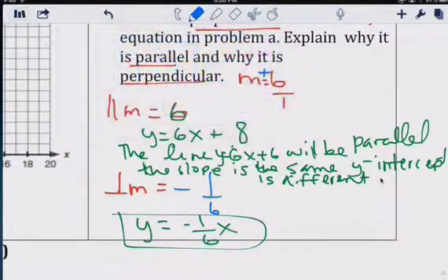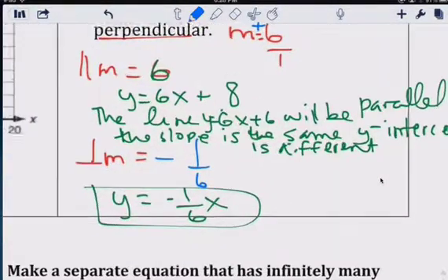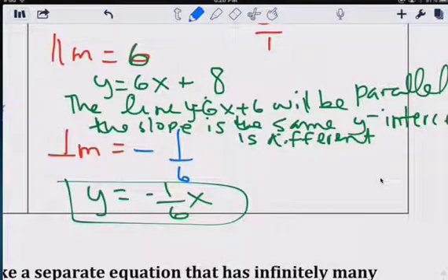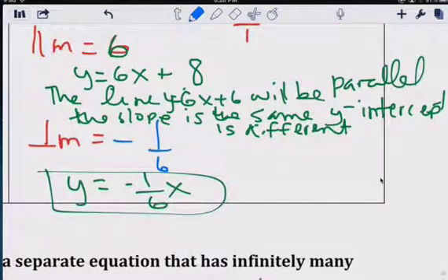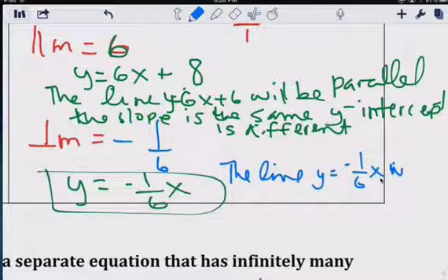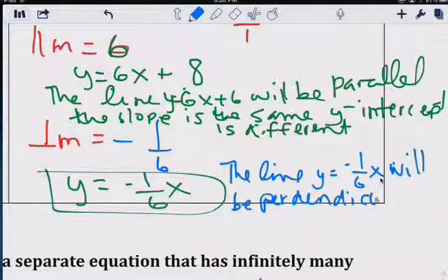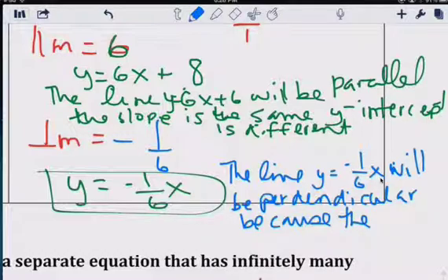Okay. Next one is the line y equals negative 1/6 x will be perpendicular, which makes 90 degrees, because the slope is opposite and reciprocal.